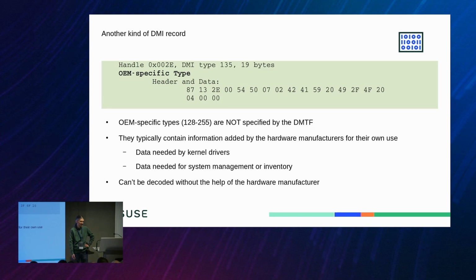This kind of record typically contains information added by the hardware manufacturer for their own use. Maybe they need it for their hardware, for the kernel drivers driving the hardware, or maybe they need it for system management or inventory purposes. And we simply can't decode that if we don't get the help of hardware manufacturers to explain to us how the binary data is encoded and how to decode it.